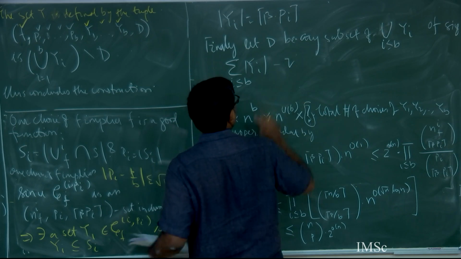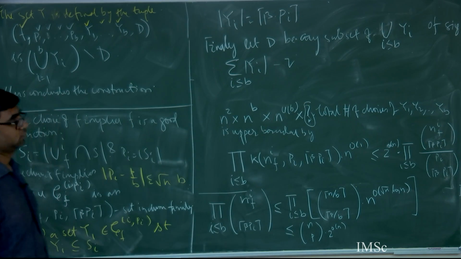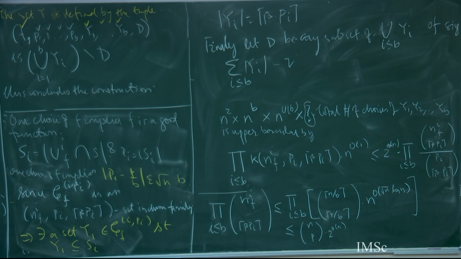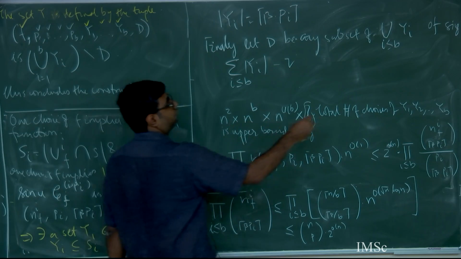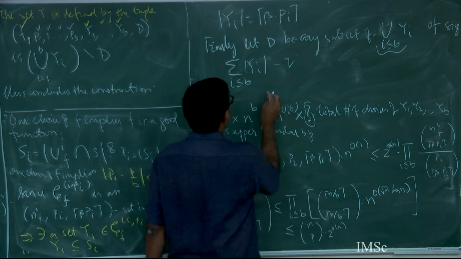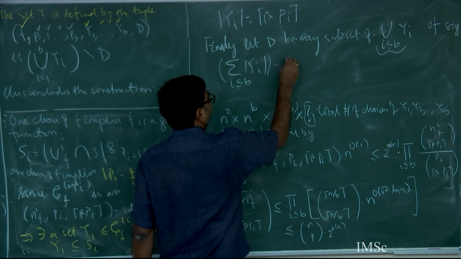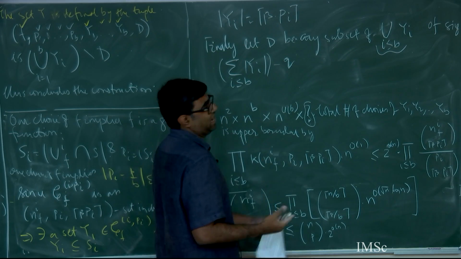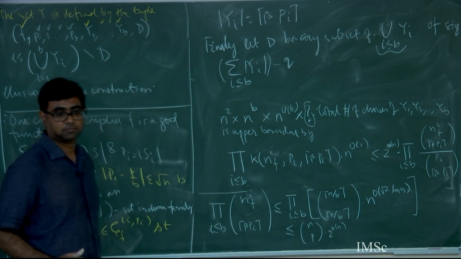Minus q, right? Look, I am looking for a q-sized subset, right? So let D be any subset of this union of size: you sum these guys and you subtract q. Any subset, that is my D. Okay.